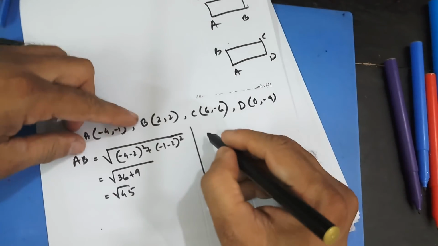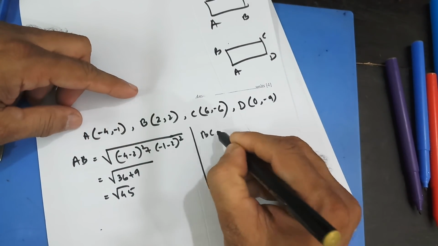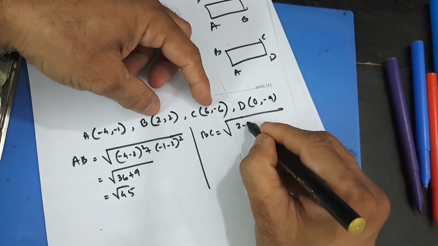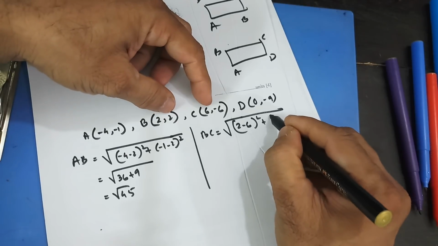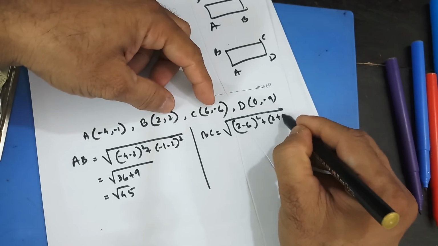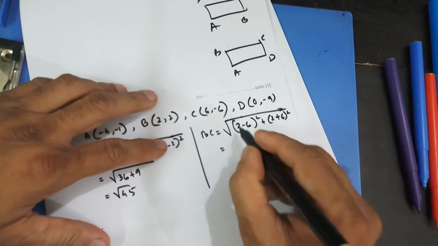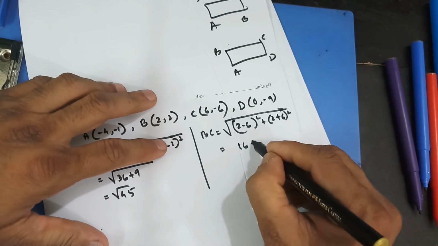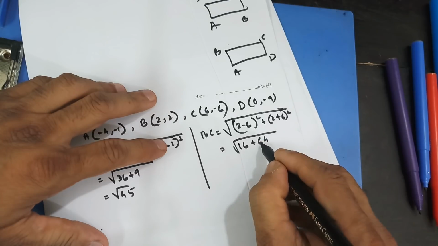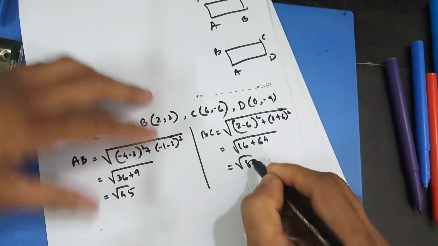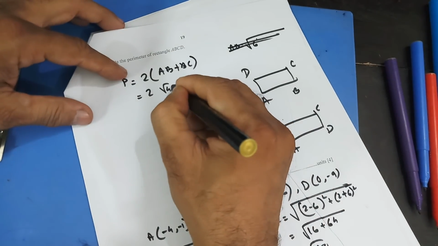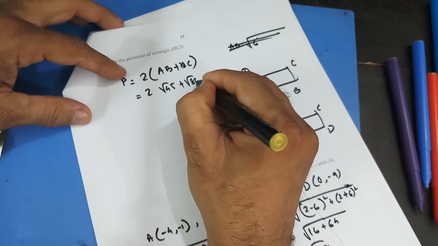So over here, distance of BC, (2 minus 6) whole square plus (2 minus -6) whole square. So 2 minus 6 is 4, 4 square is 16, and 8 square is 64. So 16 plus 64 is going to be square root 80. So the perimeter is going to be 2 square root 45 plus square root 80.